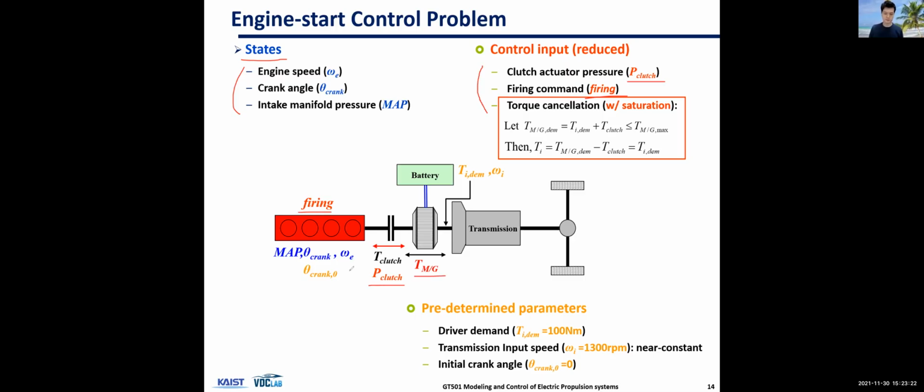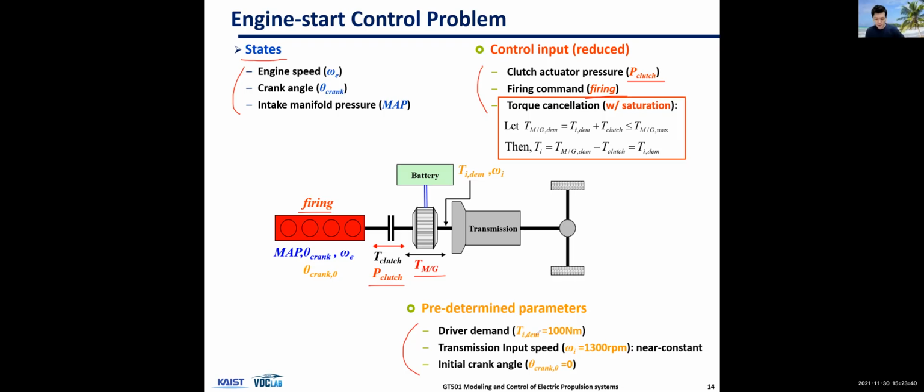And for this problem formulation, we are going to make some assumptions and let these three variables become predetermined parameters.